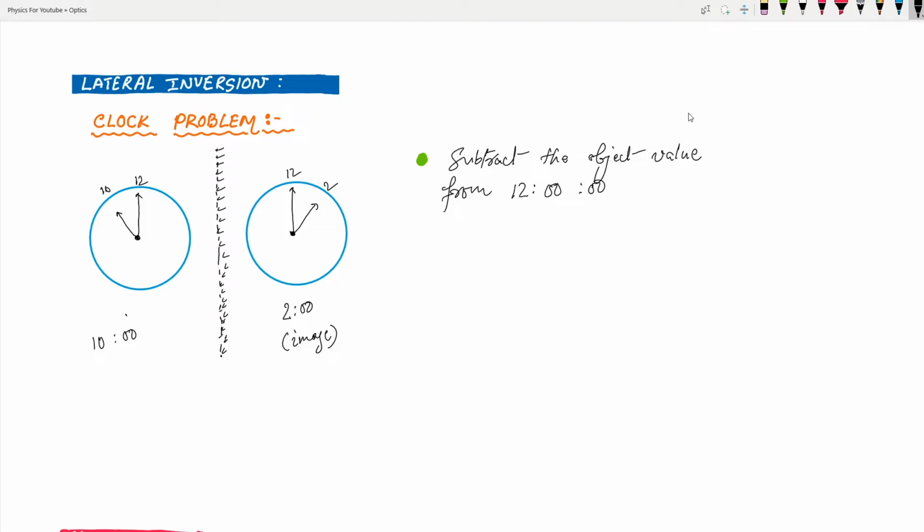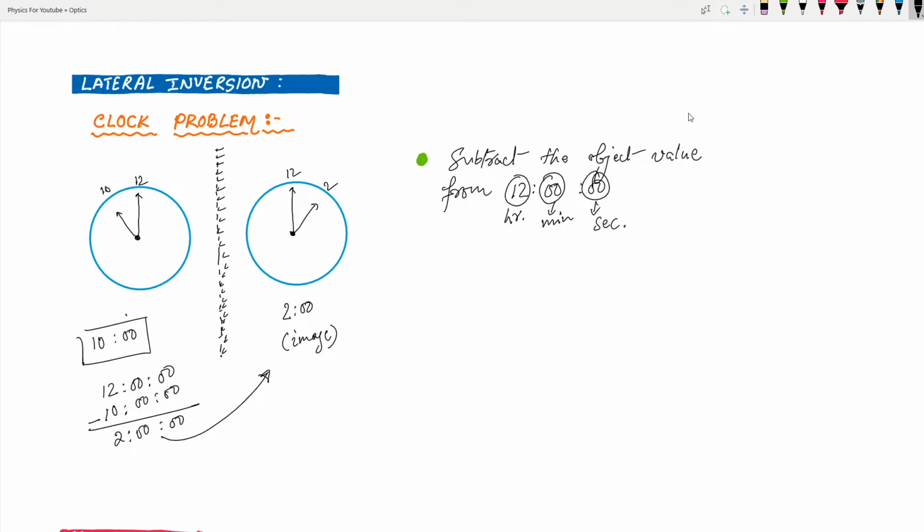This is the hour hand, this is the minute, and this is the second. Now this is 10 o'clock, isn't it? Subtract 10 from 12, like 12 minus 10, you will get 2, isn't it? And you got the answer. Simple as that. Just subtract the object value from 12.